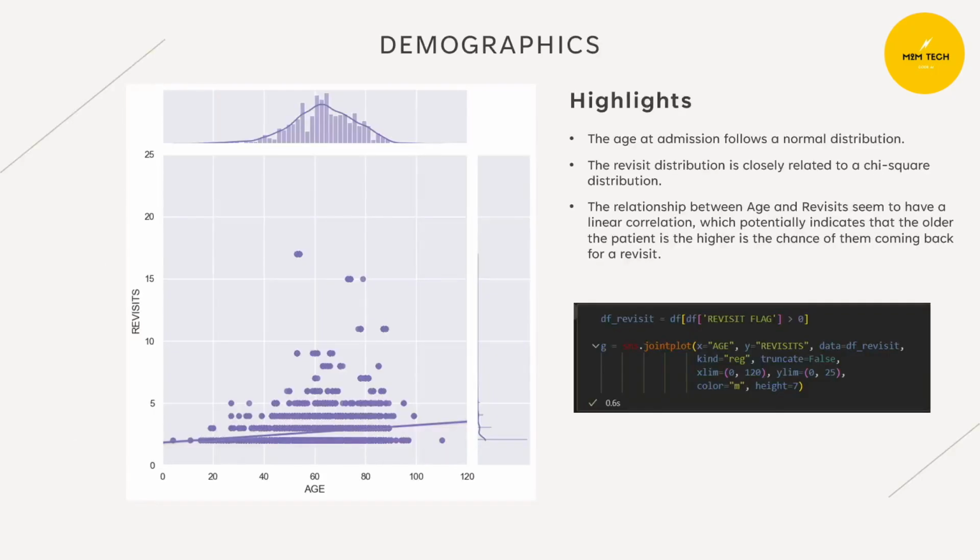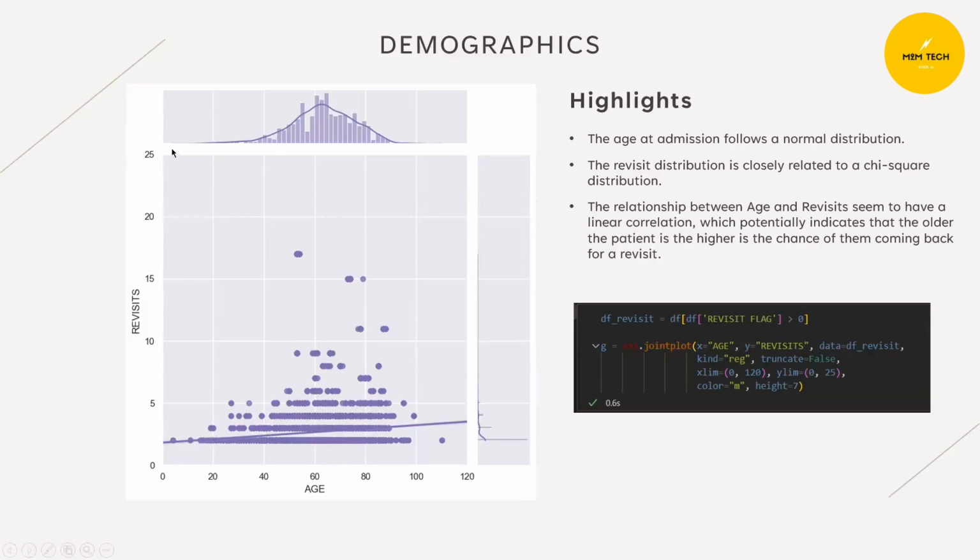Exploring a little bit of the demographics here, on this graph, on the x-axis I have the age of the patients, and on the y-axis the number of revisits of these patients. Here we can see a little bit of a linear correlation between age and revisits, which can indicate that the older a patient gets, the more revisits these patients tend to get.